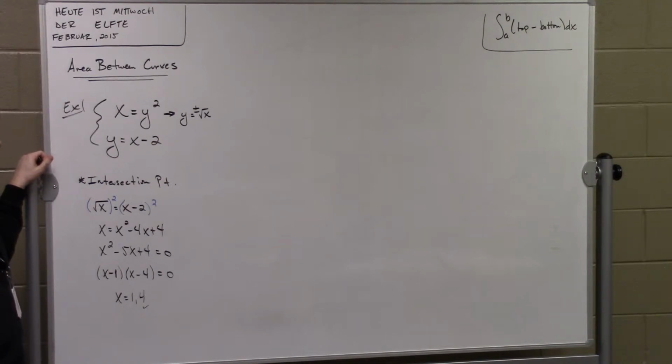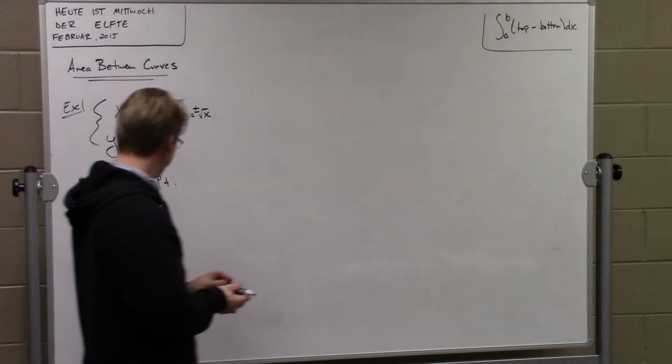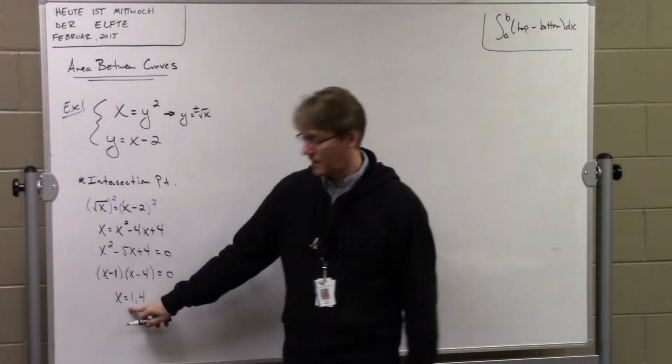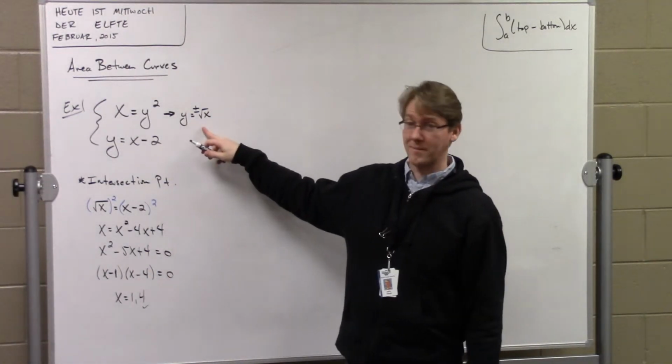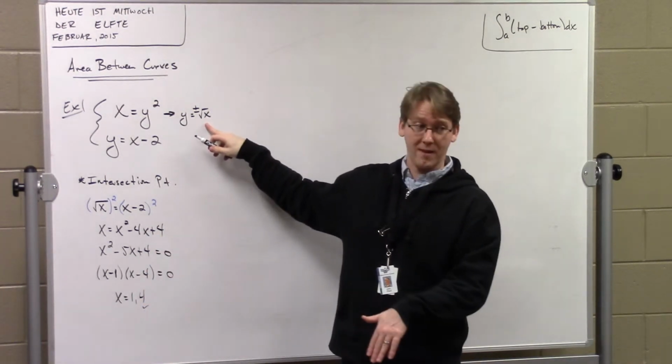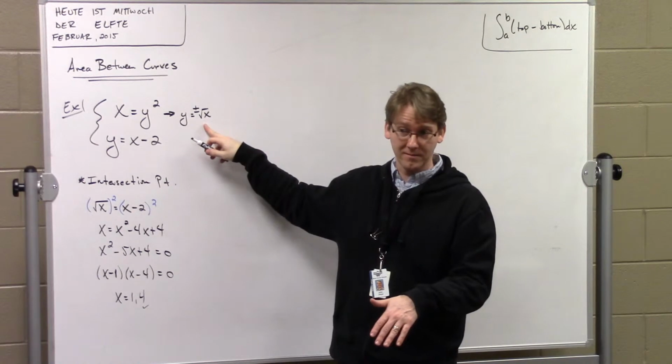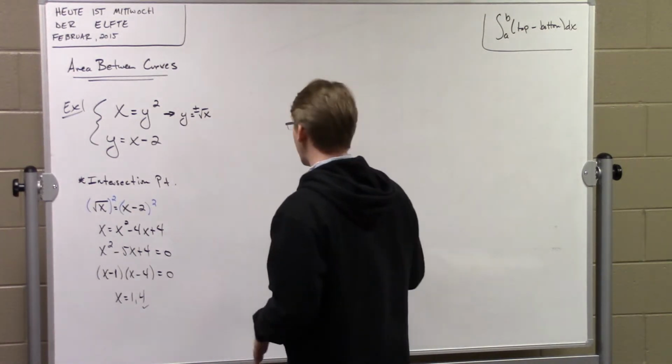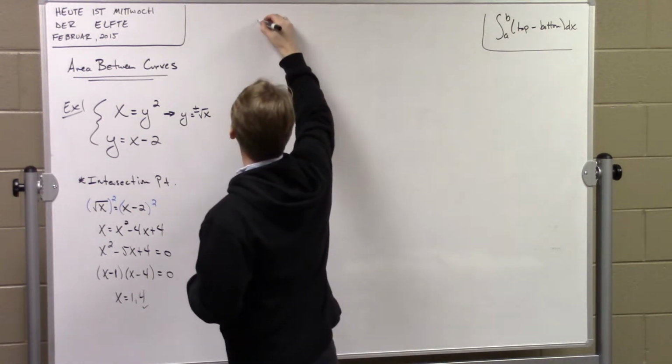Why don't we take a moment to graph this, just to see what's really going on. By the way, this works in the bottom half. So that one will meet the bottom half of the graph at negative 1. Look at it graphically.